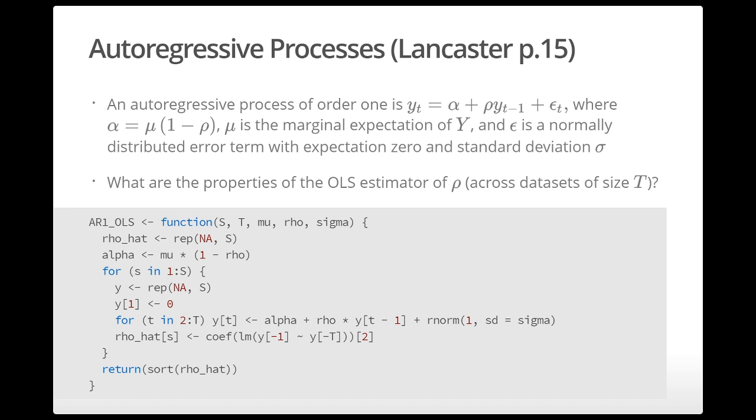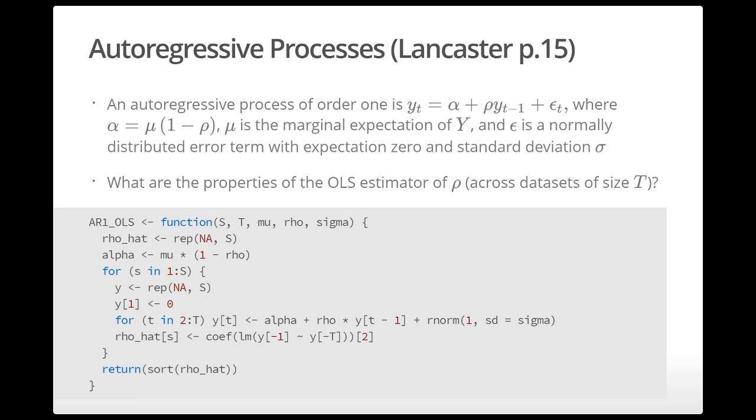T, whatever, we'll call that 50. Mu can be something, rho can be something between -1 and 1, and sigma can be something positive. But you have to fix those values because we're doing the simulation conditional on those parameter values. So I can allocate a vector to hold my slope estimates.